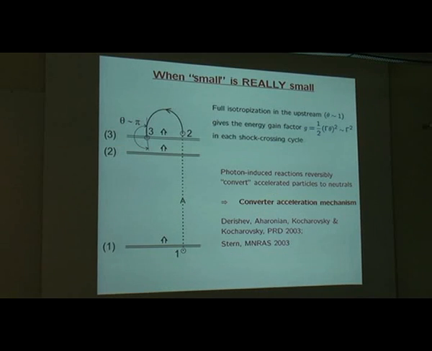Not really. Why not? Almost all of them, up to a certain energy. But then, as you pass a certain energy threshold, the deflection becomes incomplete. Eventually, at the largest energy, you just meet the standard shock acceleration. Deflection becomes limited to the factor of 2 over gamma.